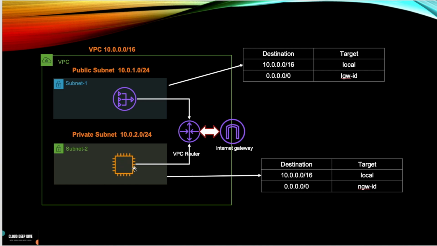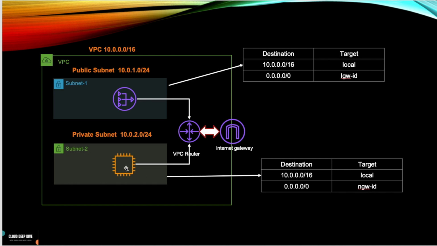So instead of providing direct internet connectivity to these EC2 instances or your database servers, we create a new public subnet where we create a NAT gateway and we set up the route table in such a way that any internet traffic going from your private subnet will go to your NAT gateway, and in the NAT gateway subnet we say that any traffic going to the internet will go to the internet gateway.